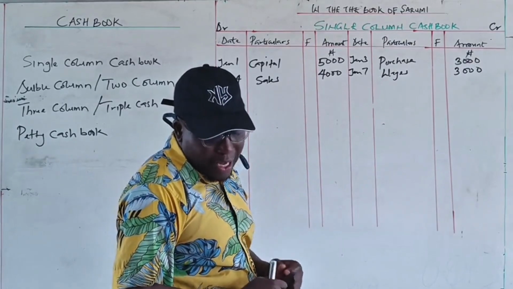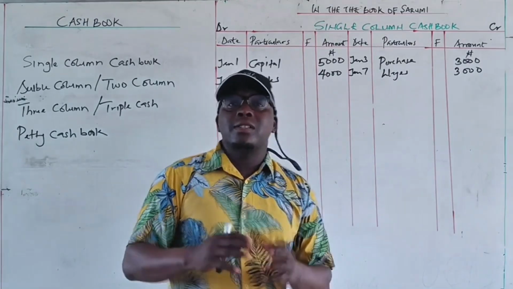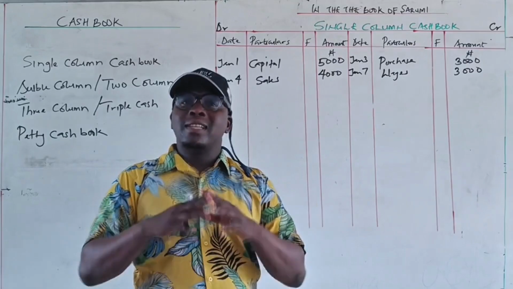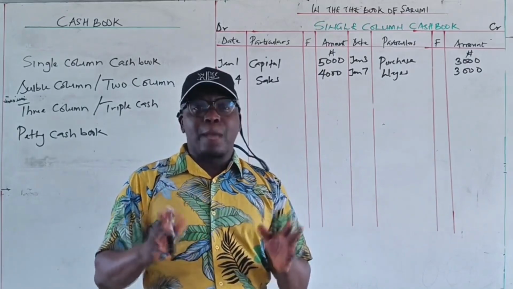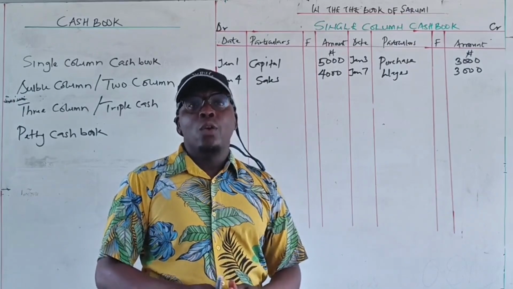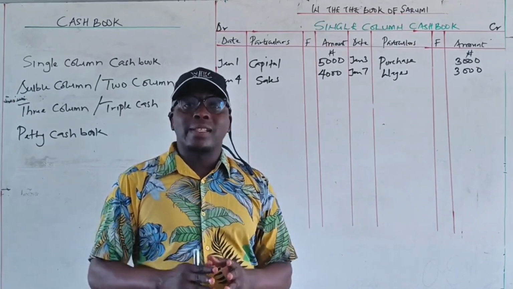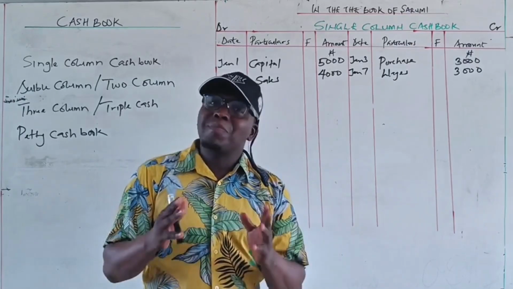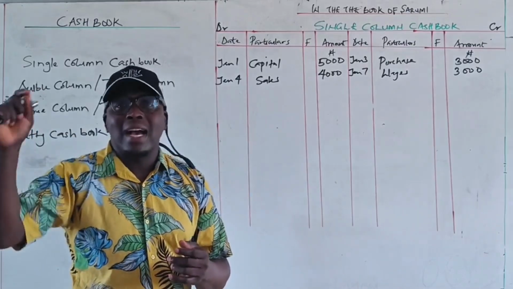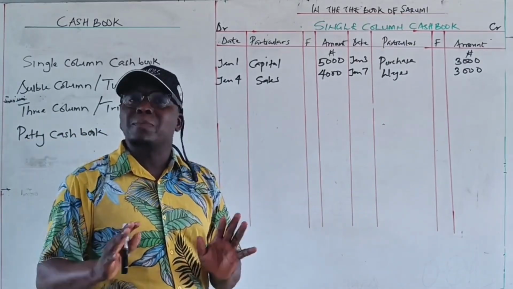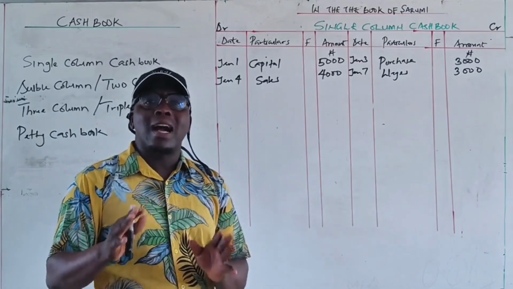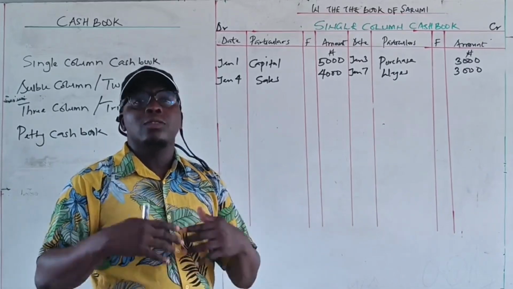The next one is January 12, cash sales. Now, this is the area where students find it difficult to interpret a question like this. When you see a question that says cash sales, it simply means sold goods for cash. It's a short form of what? Sold goods for cash. We are making sales through cash.